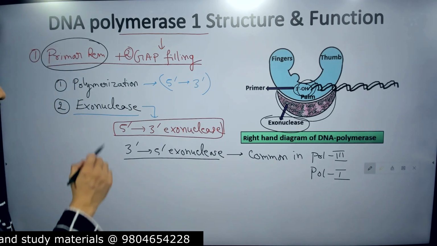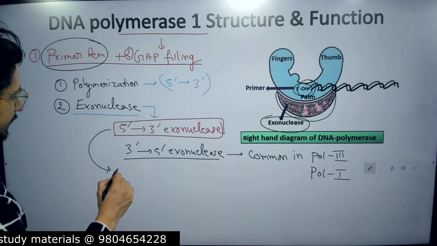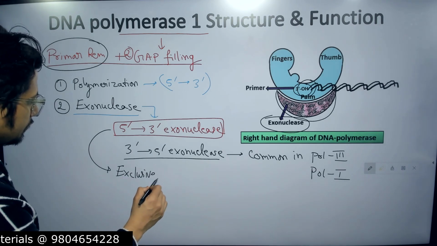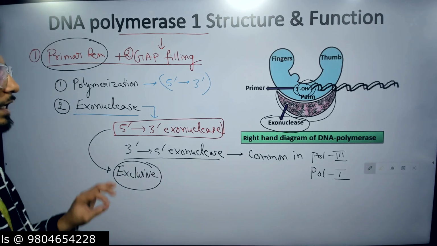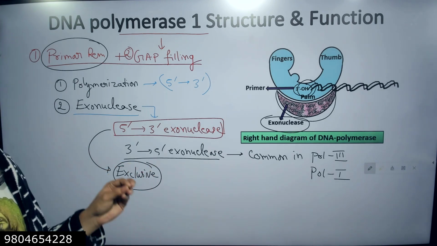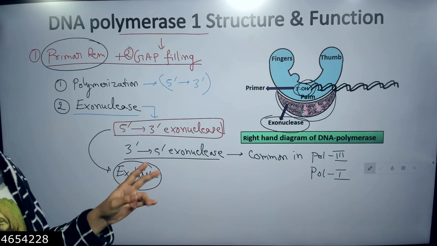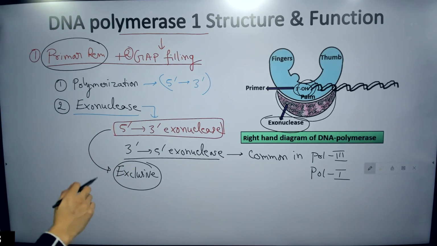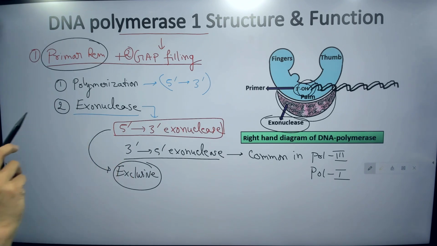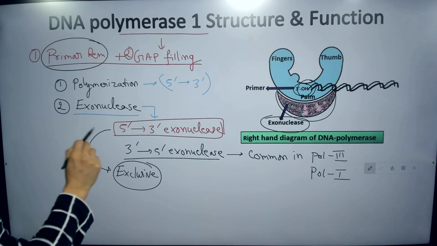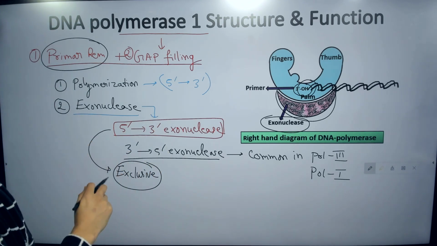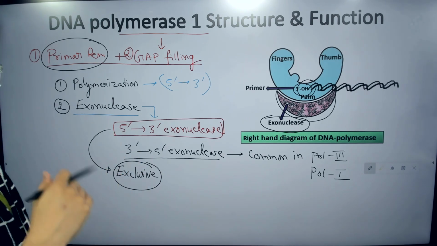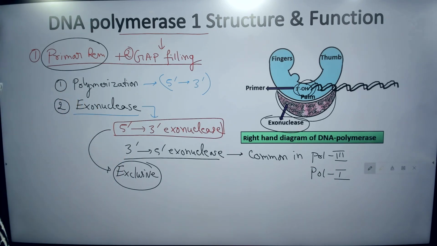But this 5' to 3' exonuclease activity is exclusive. It is exclusively available in Pol 1, which is not available in Pol 3, Pol 2 or any other polymerases. 5' to 3' exonuclease activity is only available in DNA polymerase 1. 3' to 5' exonuclease activity is common in DNA polymerase 3 as well as DNA polymerase 1.